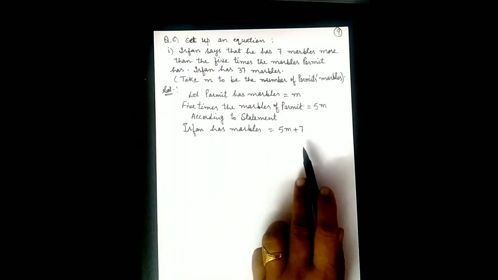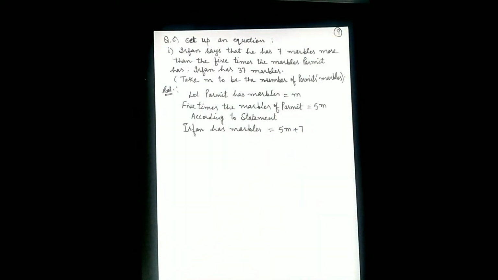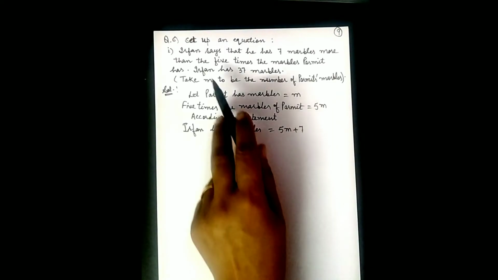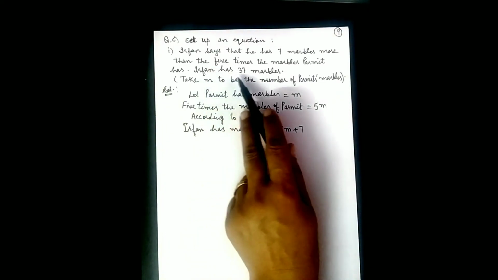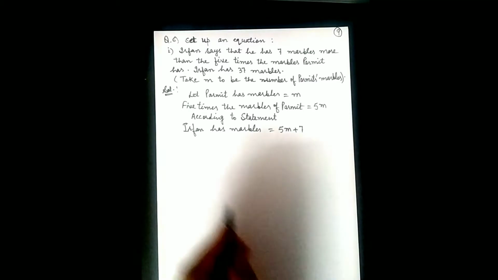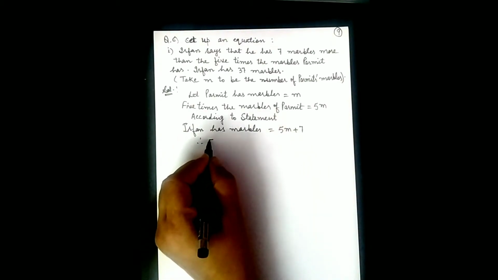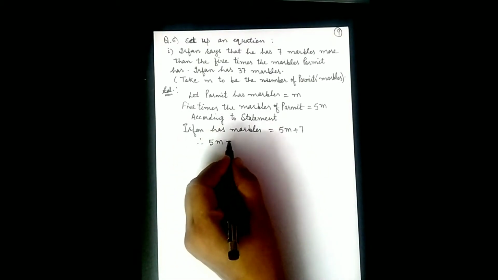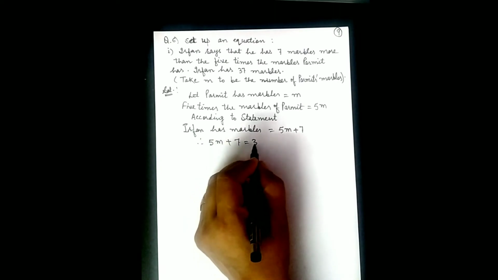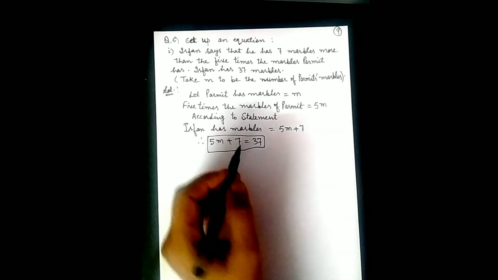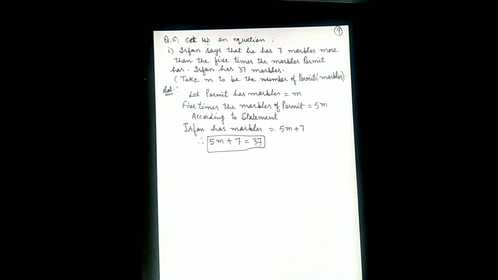Now, it is also given that Irfan has 37 marbles. Therefore, 5M plus 7 is equal to 37. This is your answer. Okay.